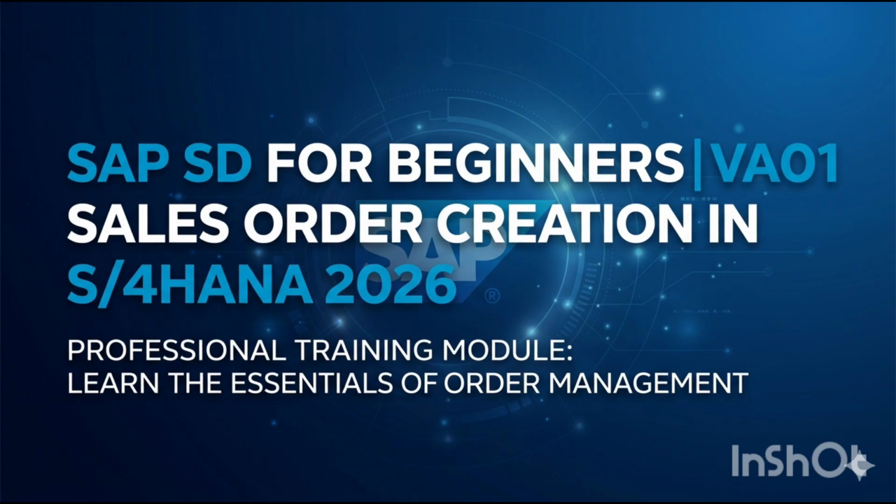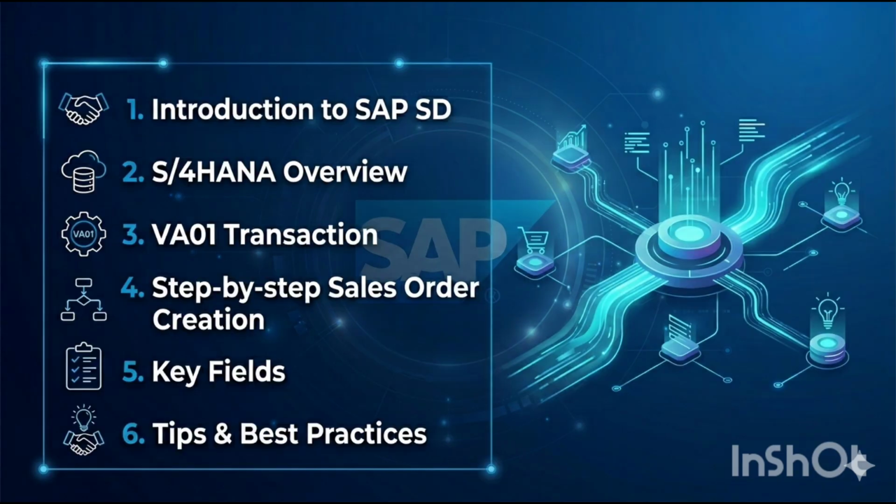In this session, we will follow a clear and well structured agenda to make learning easy. First, we will understand what exactly the SAP Sales and Distribution module is and why it plays such a critical role in businesses.